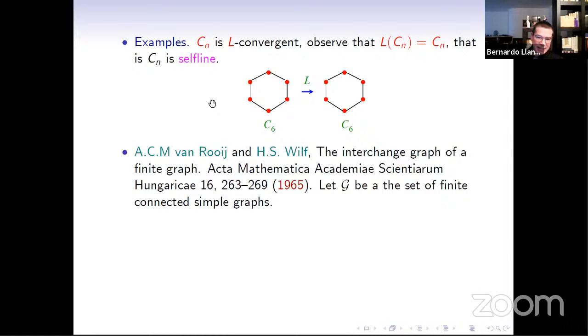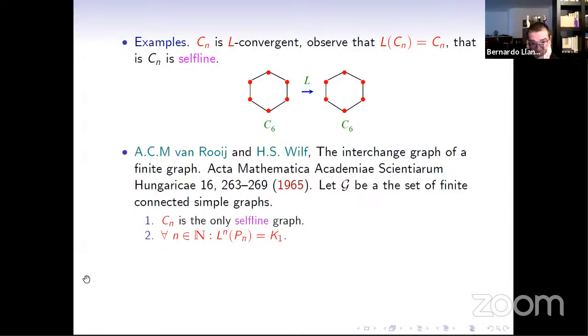For example, this is a very old result I took, and it says that if you have the set of all connected simple graphs, for the line operator, then you have that Cn, the cycles, are the only self-line graphs. That means that in this class, or in this set, Cn, the cycles are the only self-line graphs.